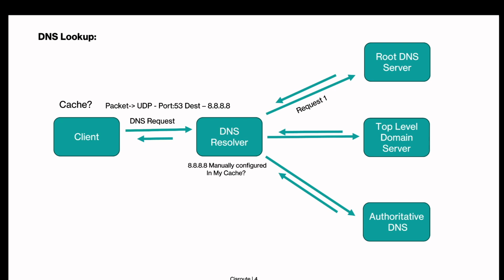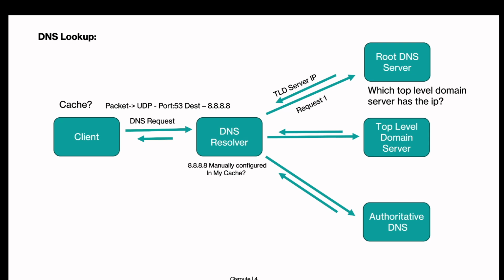So the first request goes to the root DNS server, and the root DNS server actually sees which top level domain has the IP address. What do you mean by top level domain? So top level domain is the last few letters of your request.